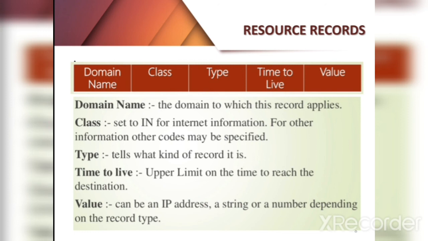The information maintained here is in the form of a number, domain name, or an ASCII string. If under the type field it is represented as A, the value will be the actual IP address for the corresponding host name. So that is about resource records.